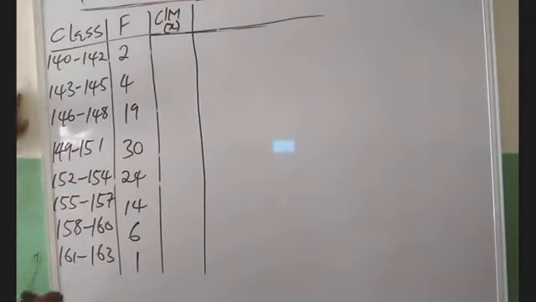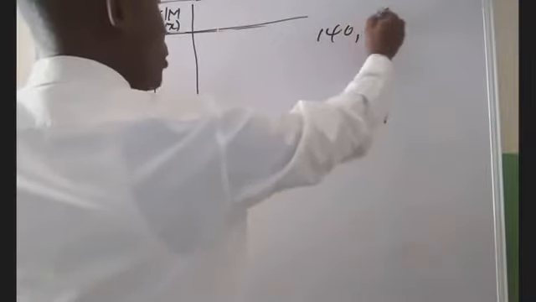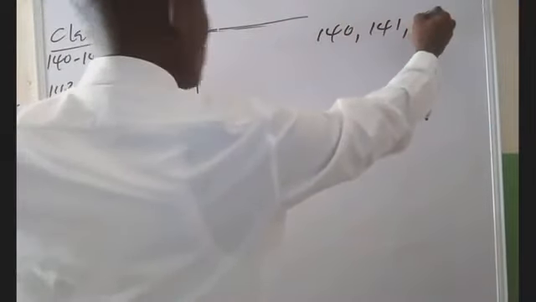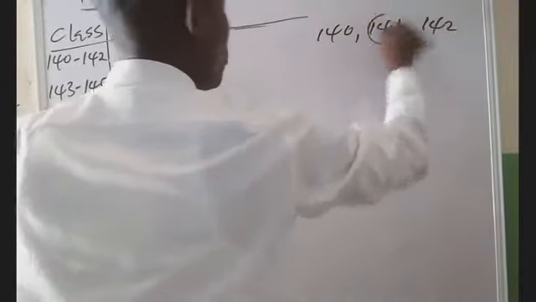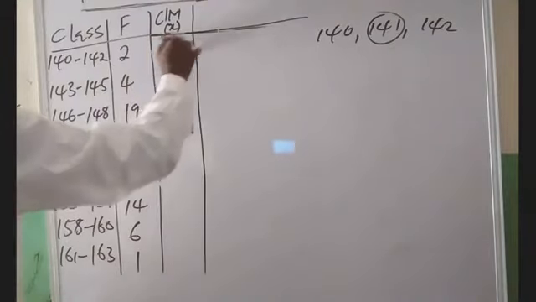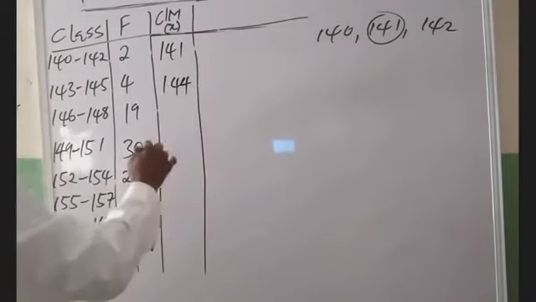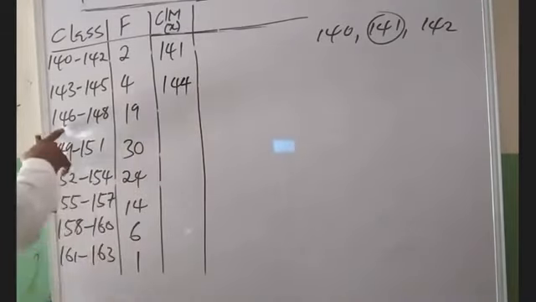I told you before that class mark is the median of each of the classes. So I have 140, 141, 142. The median is 141. If you check the other classes, your class mark here is 141, here is 144. That's the median, or you add the upper class to the lower class.